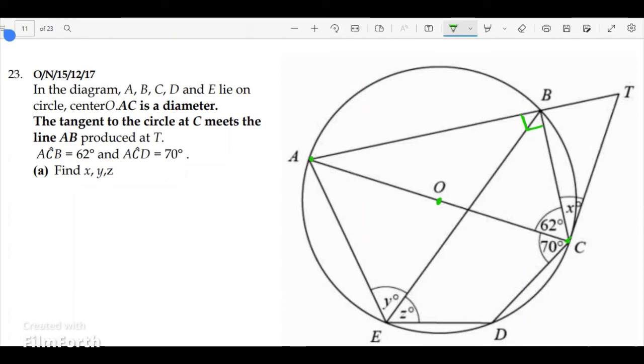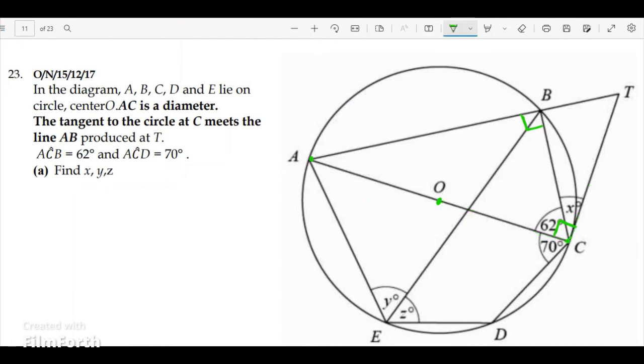And by the way, they are next saying the tangent of the circle at C meets the line AB. Now, this is the tangent that they are talking about, CD, this line. So the angle that this line is making with the radius, that's OC, this angle would be 90 degrees. So this whole is 90 degrees.